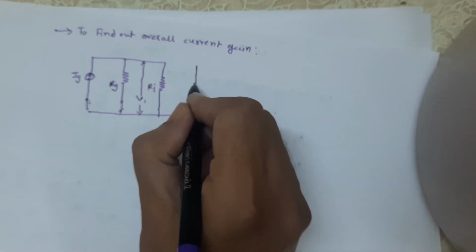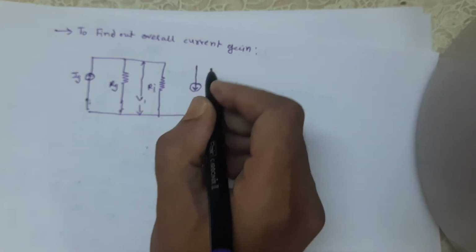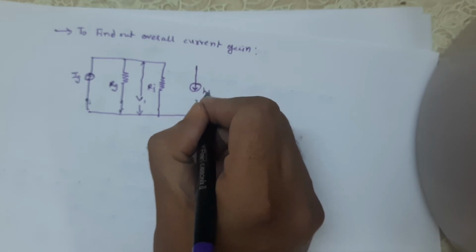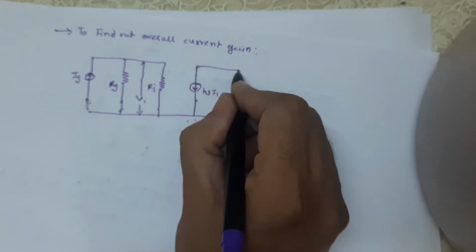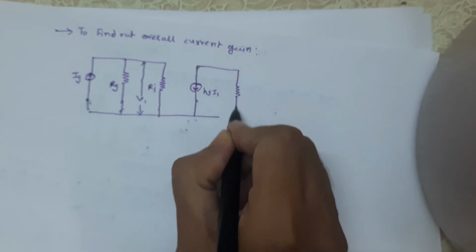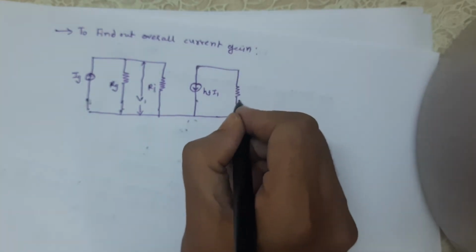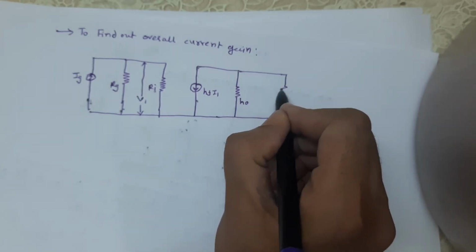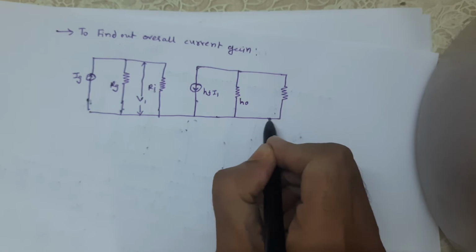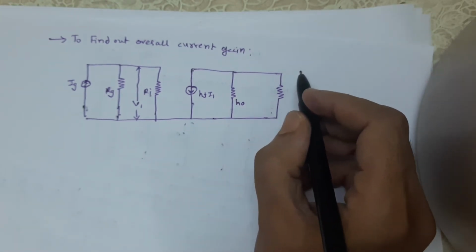Here generator HFI1, HO, this is your HO, and the final load resistance RL.